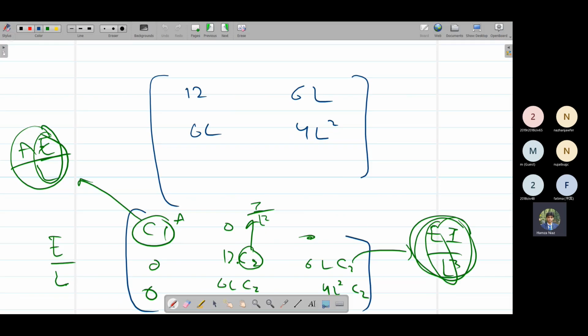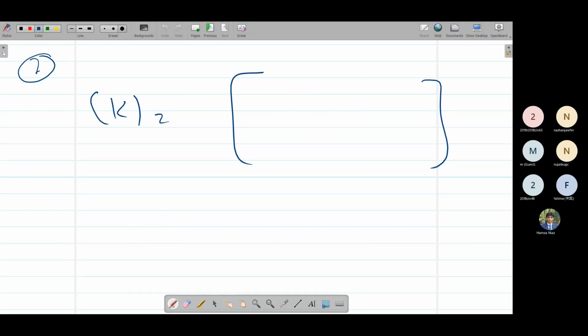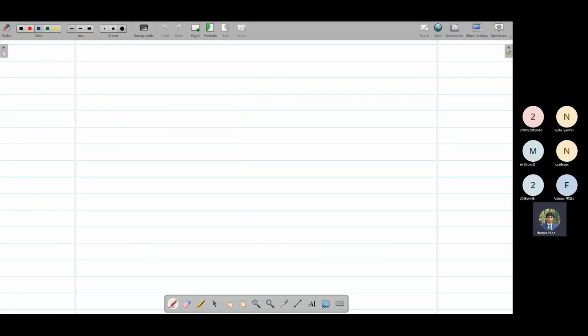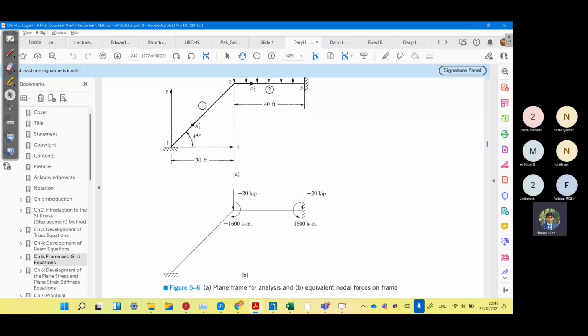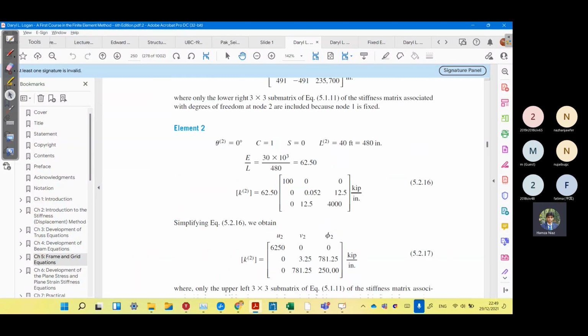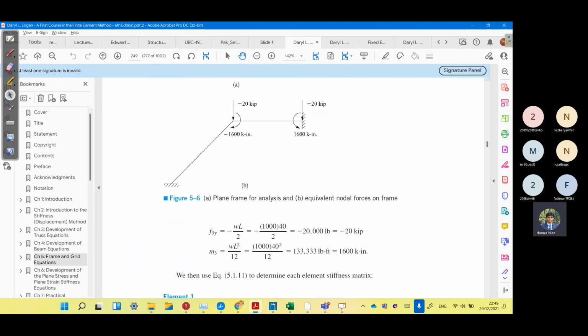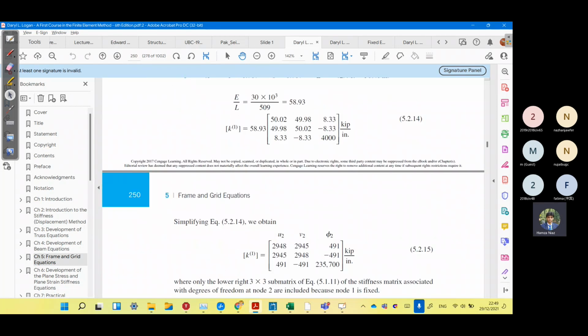So after the global stiffness matrix, the third step is boundary conditions. We know that V1, Phi1, U1 are all 0. V3, Phi3 and U3 are also 0 because there are fixed supports at these 2 points. So the only things left would be U2, V2 and Phi2.